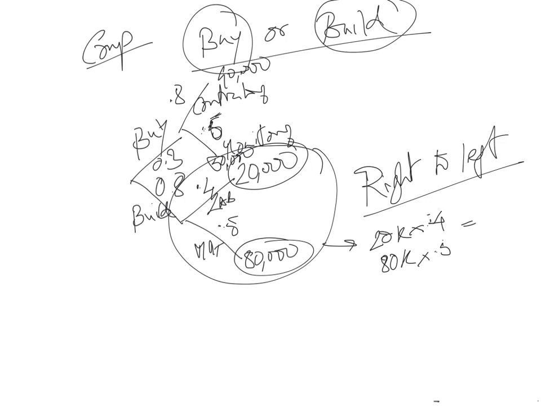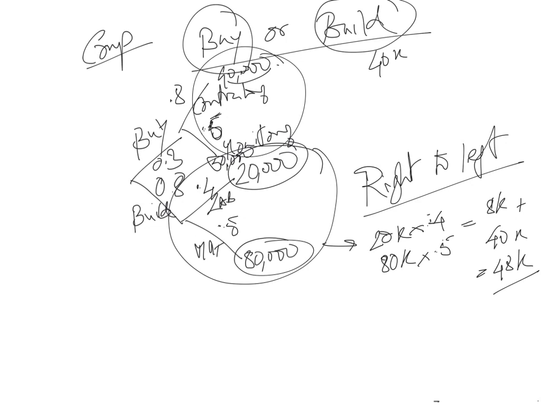So that's 2 fours are 8,000, 8k, plus 8 fives are 40, so that's 40k. So this is 48k. The amount you're likely to be losing if you go for a build might be 48k.